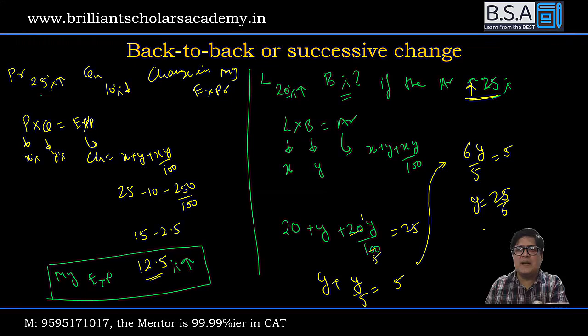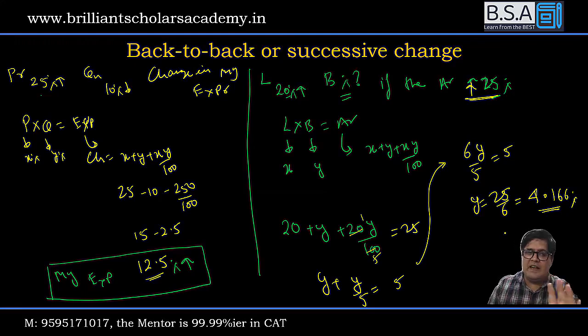Decimal comes, right? 25 by 6 is 4 point 1 by 6. Do you remember 1 by 6 is 166? Decimal will come, we can handle that. Don't worry. So your percentage change in the breadth is 4.166. Is it positive? Yes. So breadth will have to increase by 4.166% to match all of this.